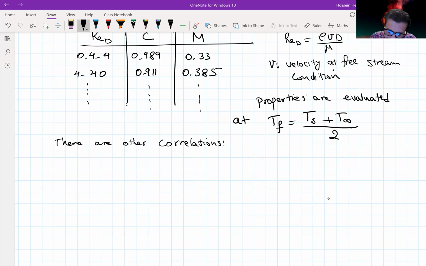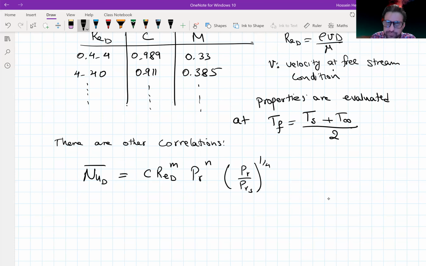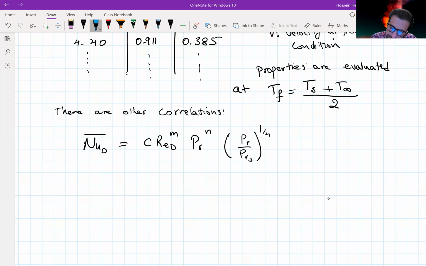One of them, for example, is Nusselt number D equals C Reynolds number D to the power of m, Prandtl to the power of n, times Prandtl divided by Prandtl_s to the power of 1/4. This correlation is valid for Prandtl less than 500 and greater than 0.7, and Reynolds number less than 10^6 and greater than 1.